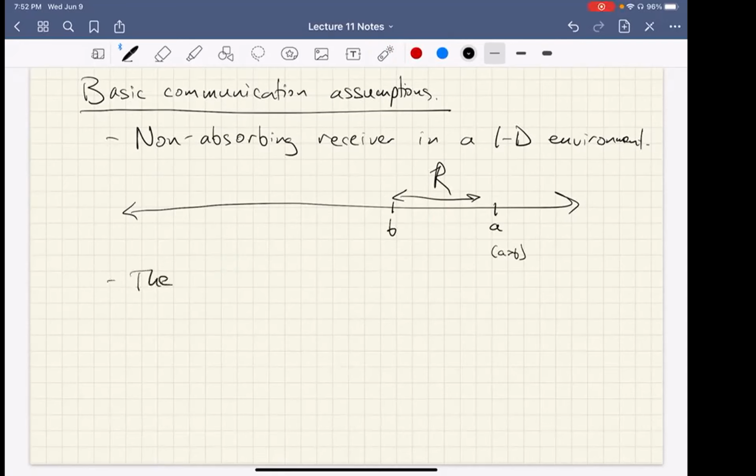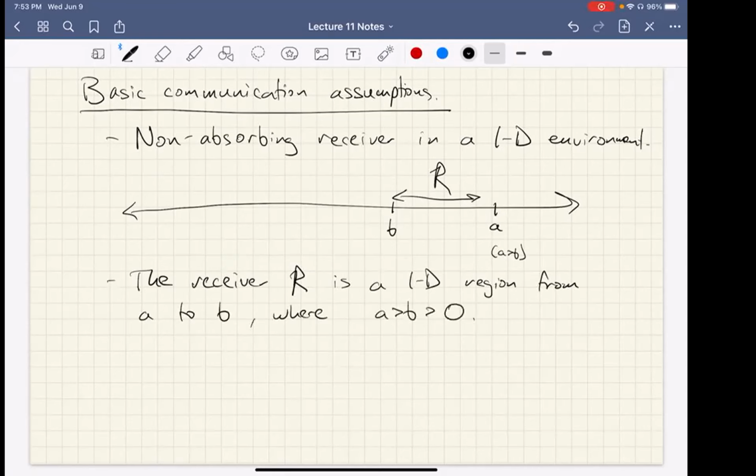So the receiver, script R, is a 1D region from A to B, where A is greater than B, and we're going to assume that both are greater than 0.